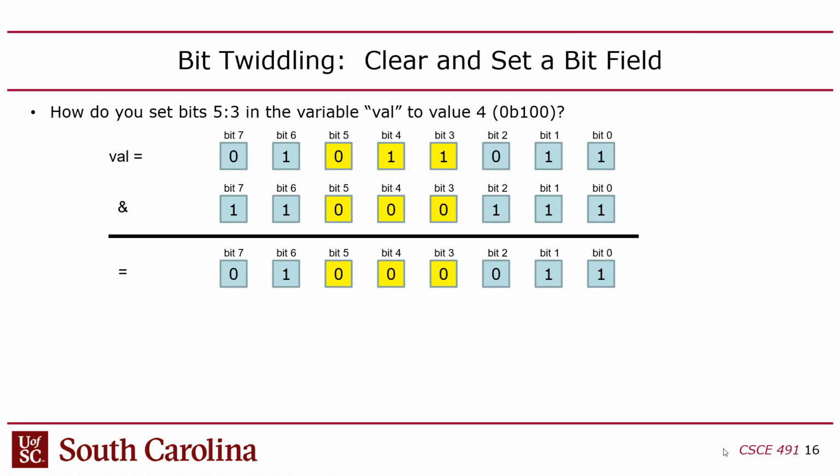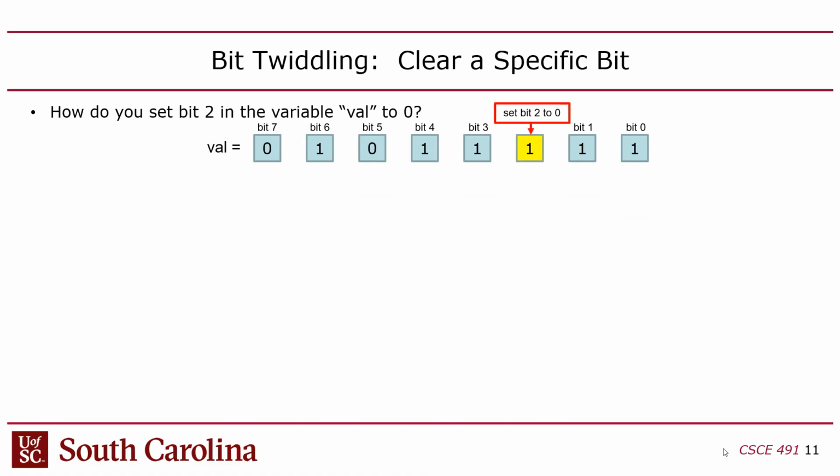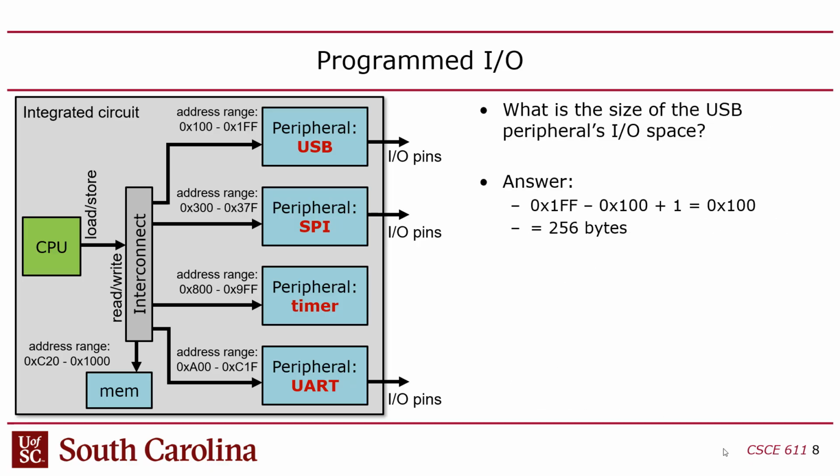So when I say peripherals, I mentioned in the first lecture last Tuesday that we have these onboard peripherals. And so when you use programmed I/O, you're communicating with these onboard peripherals. The onboard peripherals are things like timers as well as interfaces that go off chip.